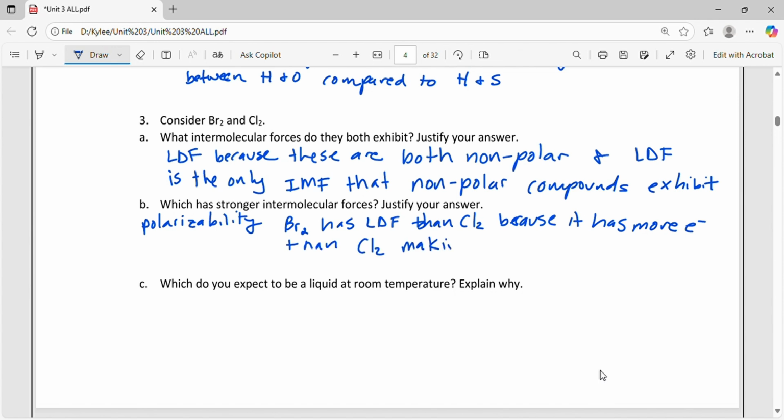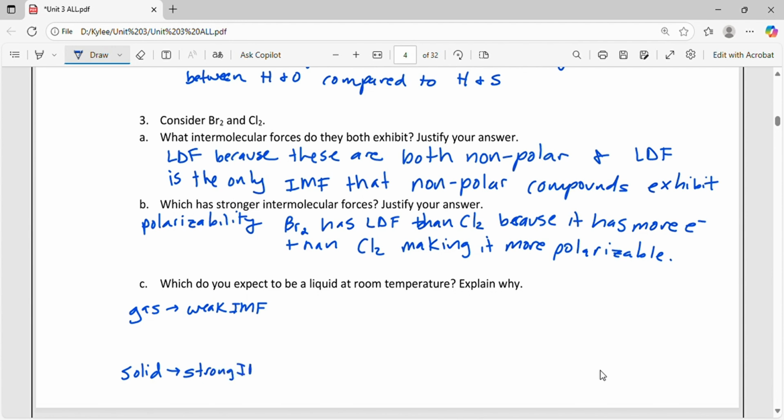And then final question here, which do you expect to be a liquid at room temperature? In general, we think of gases as having weak IMFs, and we think of solids as having very strong IMFs. So which one would be a liquid is going to be in between. We just said that bromine is stronger than chlorine.